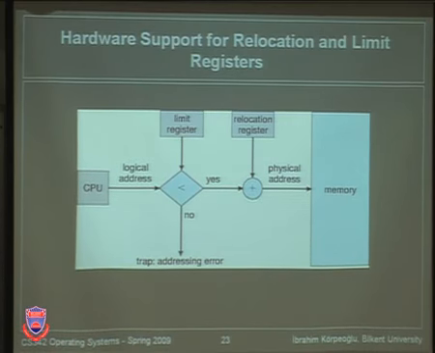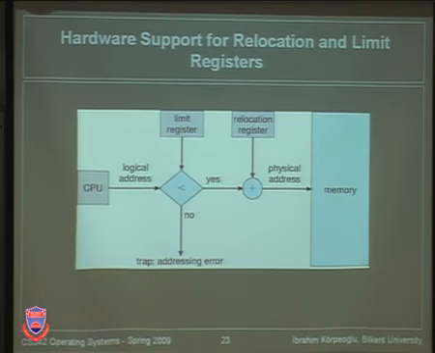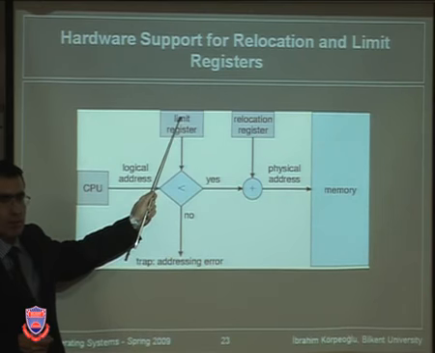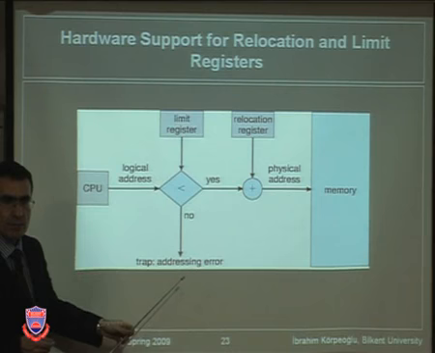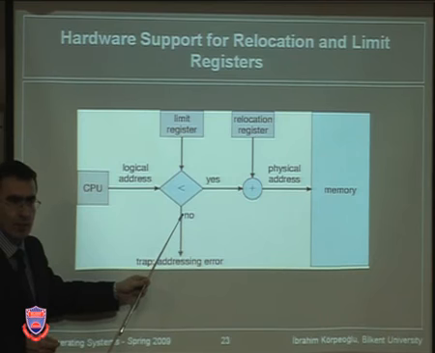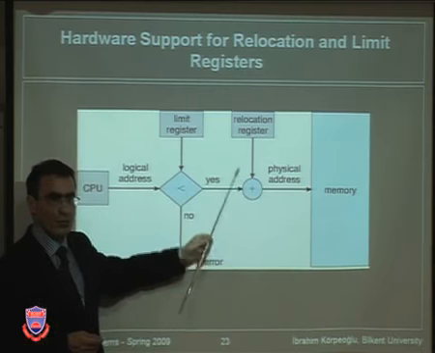It will make logical memory references. It will generate logical addresses. So that logical address will be first compared with the limit value. It should be less than that, right? If it is greater than that, what does it mean? It's an illegal memory access, right? So that program has to be suspended, stopped, terminated. If it is less than that, then we add the logical address to what?